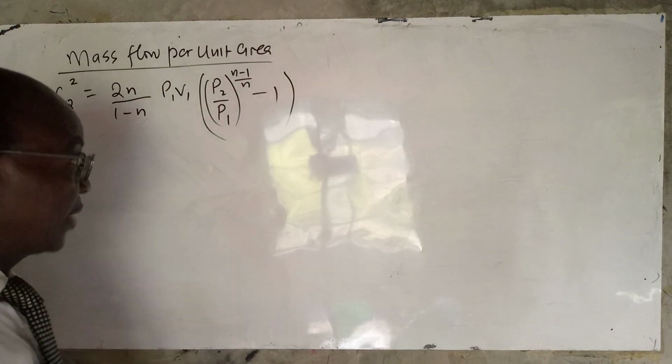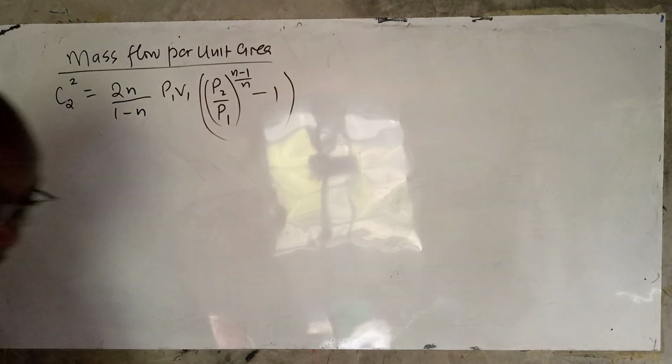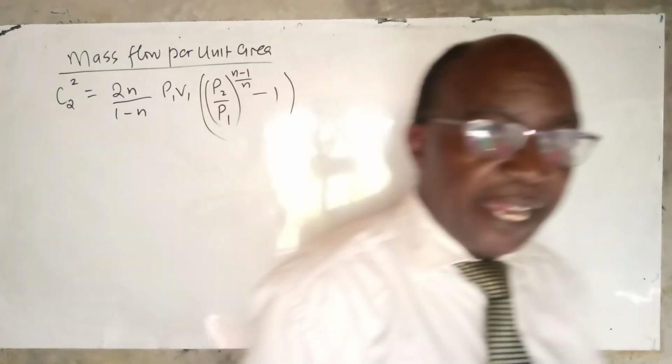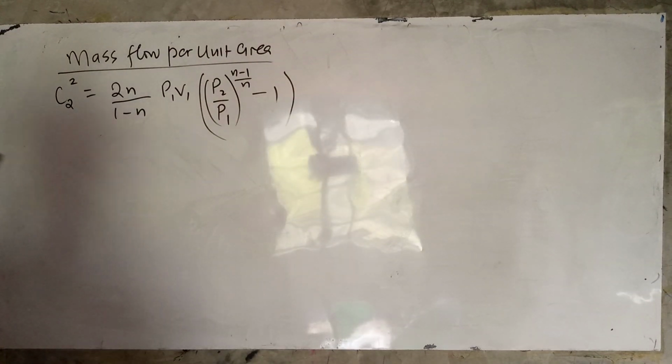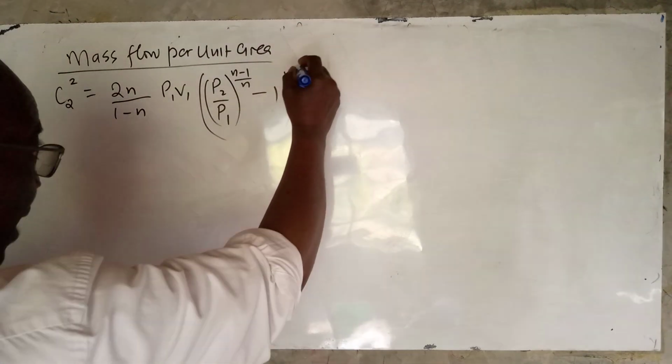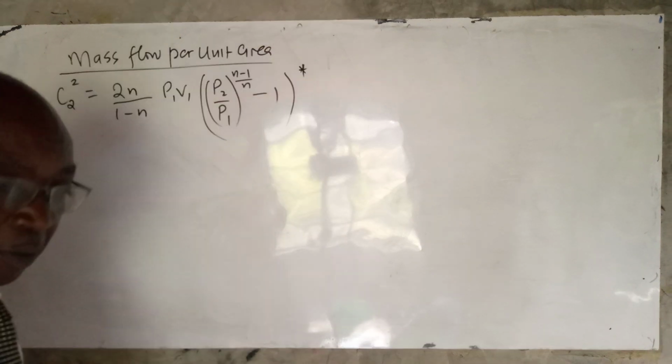Remember that n is the isentropic index of expansion in that polytropic equation which we had derived. Very important for us to remember that.